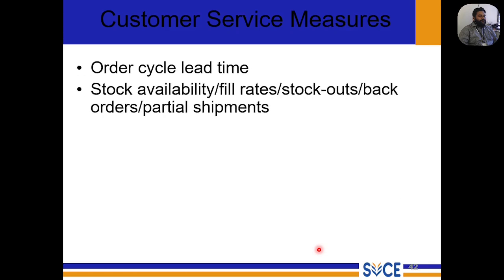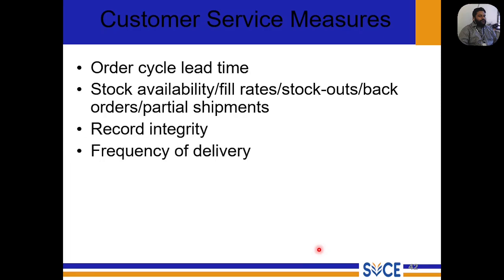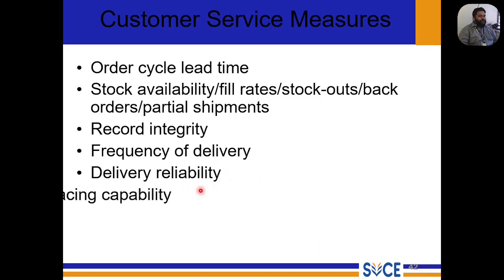Customer service is one of the important things, where order cycle lead time, stock availability, record integrity, and the frequency of deliveries are taken into account. Delivery reliability is one of the major aspects, because if you are reliable in delivering at any given place, customers tend to stay with that set of services.